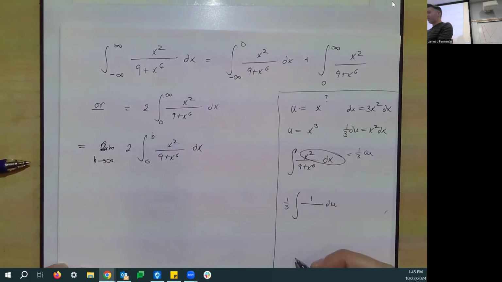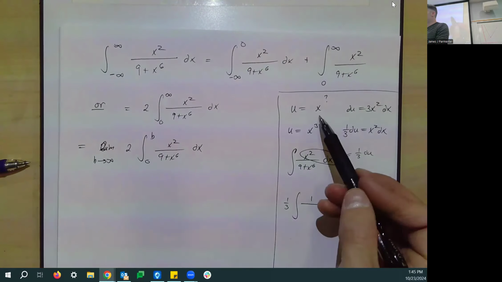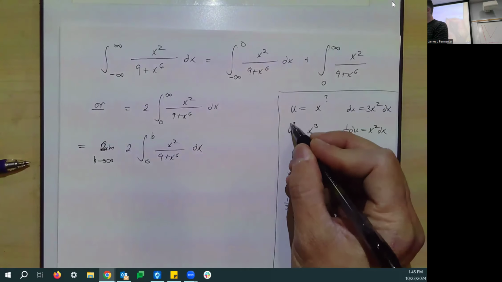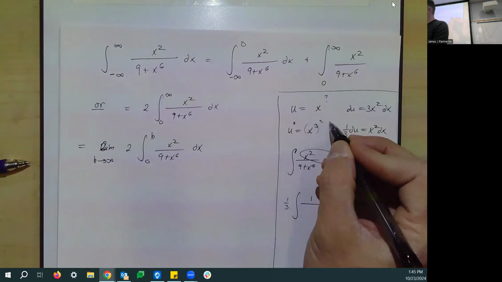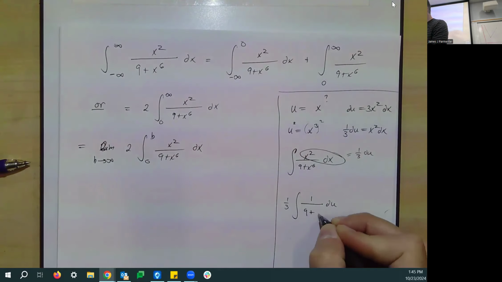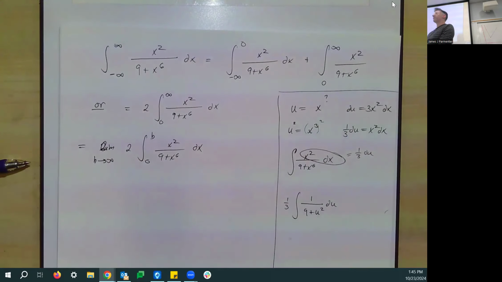And then my denominator, well, what does x to the 6th become in terms of u? If u is x cubed, then u squared is x cubed squared, which is x to the 6th. This looks like a 9 plus u squared.